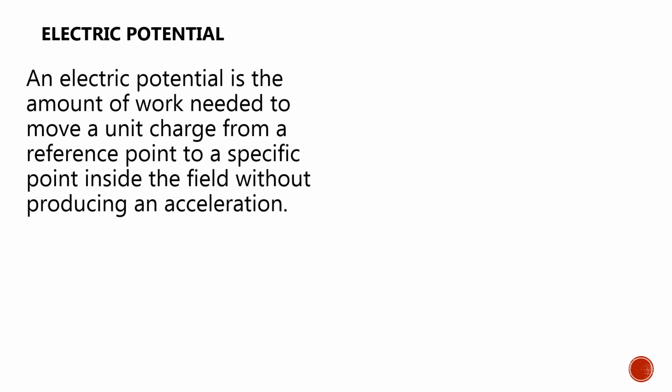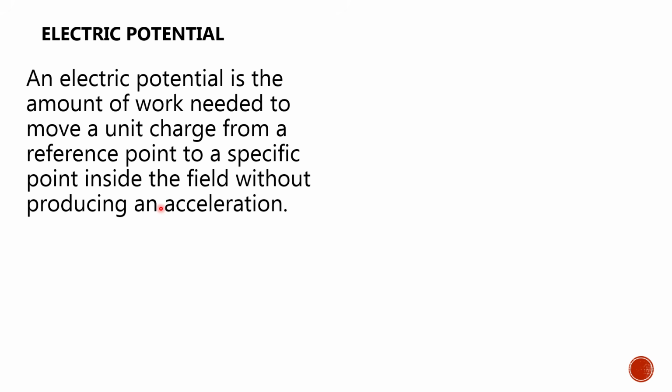So now we introduce a very important quantity in electricity called electric potential. We usually use capital letter V to denote this quantity. It is defined as the work done per unit charge to move a charge from a reference point to a specific point in the field without producing an acceleration.